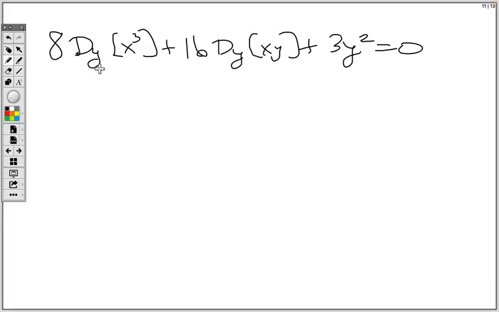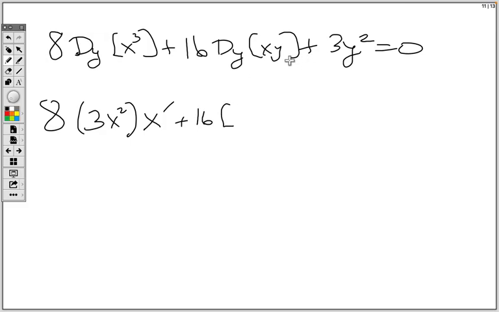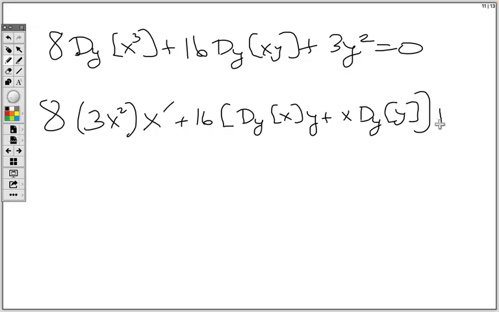Now here I'm taking the derivative of x cubed with respect to y. These are different, so I have to use the chain rule because I'm thinking of x as a function of y. The derivative of x cubed would be 3 times something squared times the derivative of that thing, x prime, dx/dy. Plus 16, I have to use the product rule: the derivative of the first factor with respect to y times the second, plus the first times the derivative of the second with respect to y, plus 3y squared is 0.